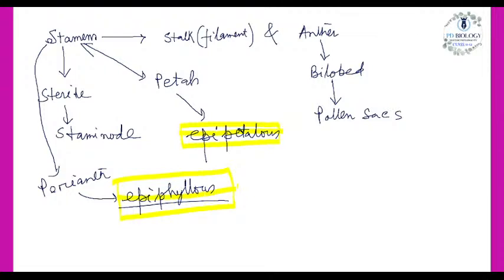Remember this one. When stamens are attached with petals, it is epipetalous; stamens attached with perianth is called epiphylous. Remember this one.